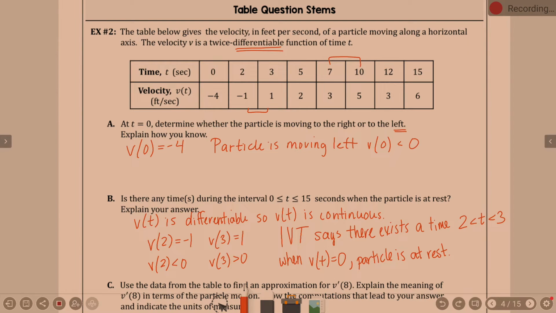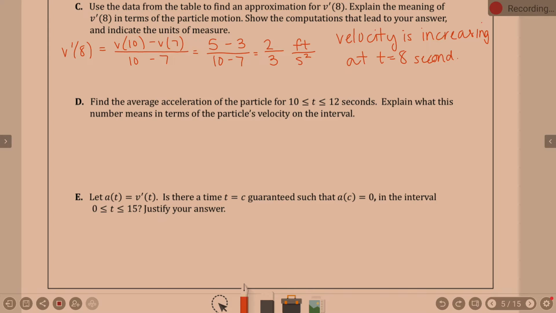We're given velocity values here for 10 and 12, right? We're asked to find what? Average acceleration. So acceleration is the derivative of velocity, right? So we can essentially do what we just did.